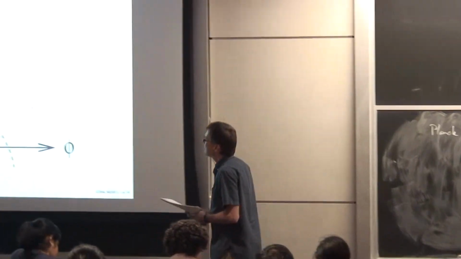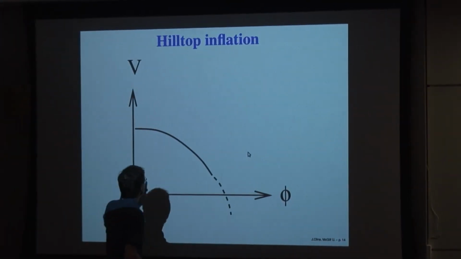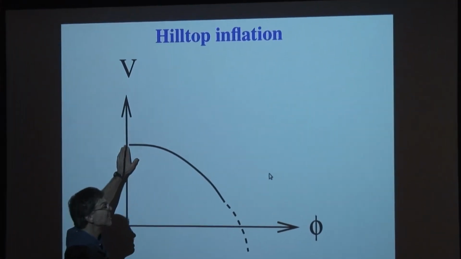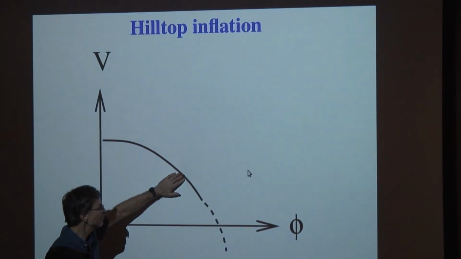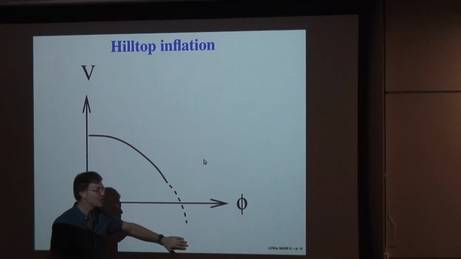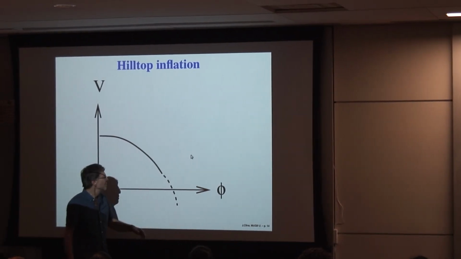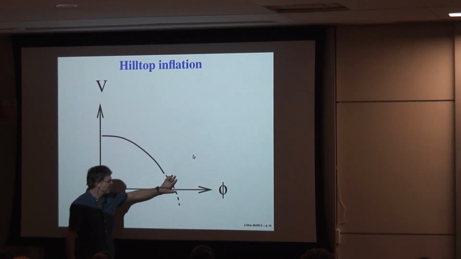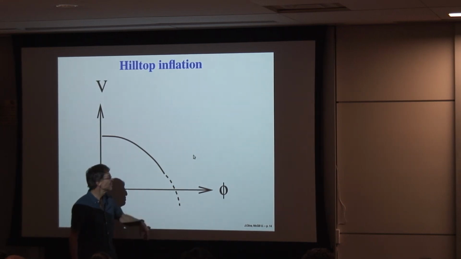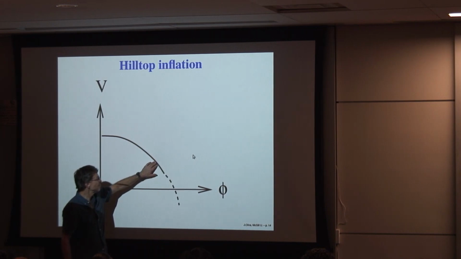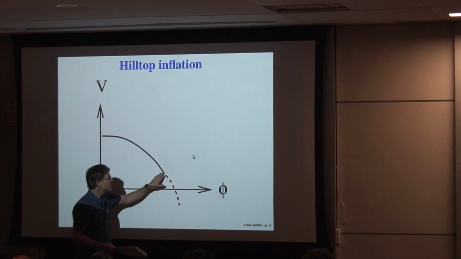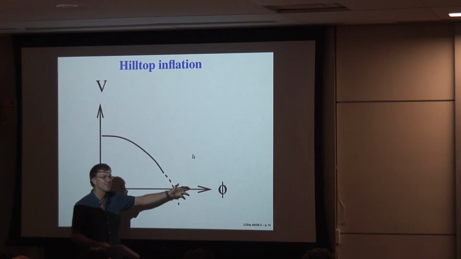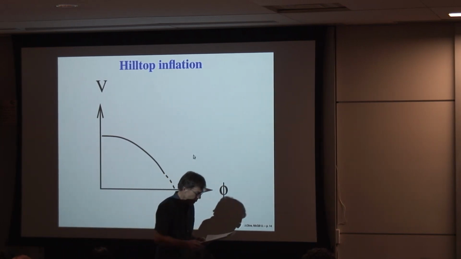And so one typically just parameterizes inflation by taking a constant minus phi to some power. And of course, that wouldn't be a good parameterization forever because that would be unbounded from below. But you don't really care because inflation is going to end before you see these details. And so you could just imagine morphing this onto something that's doing something reasonable, but whose exact behavior you can't really probe with the CMB.